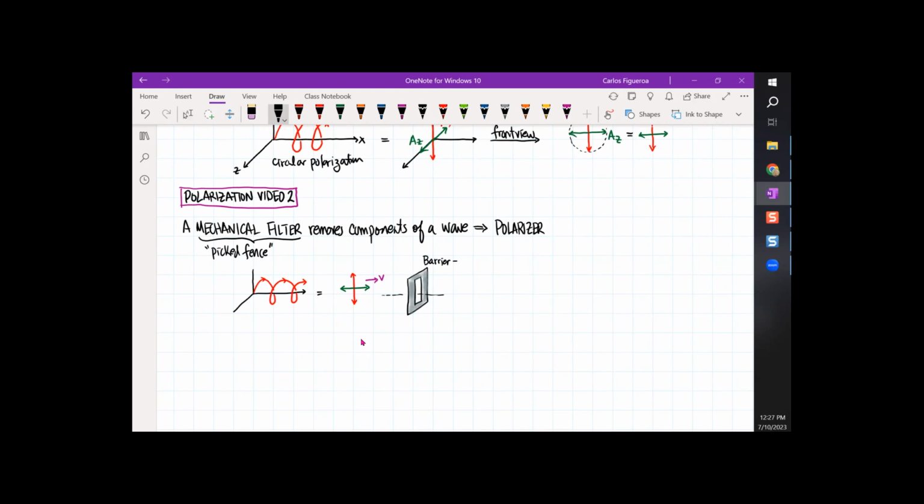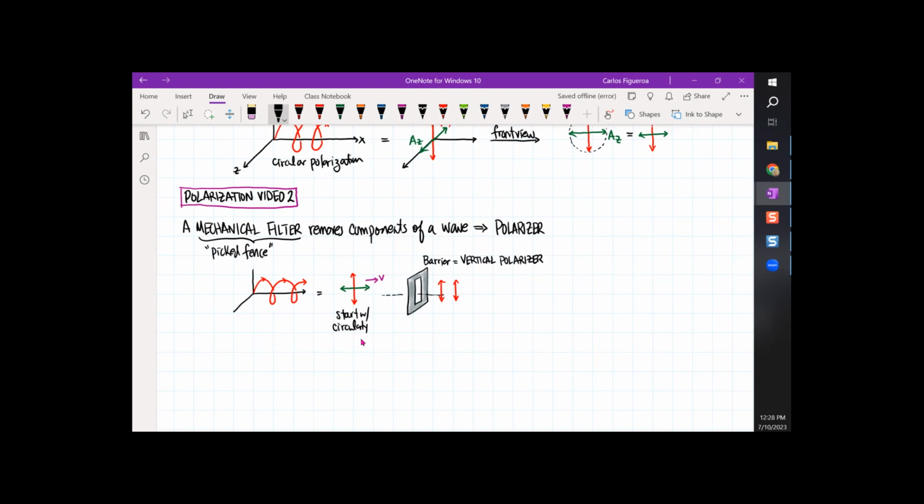And this is what's called a vertical polarizer. And you could see the reason why they call it vertical is because the slit is up and down along the y-axis. And so as a consequence, the only thing that goes through here is the vertical ones.